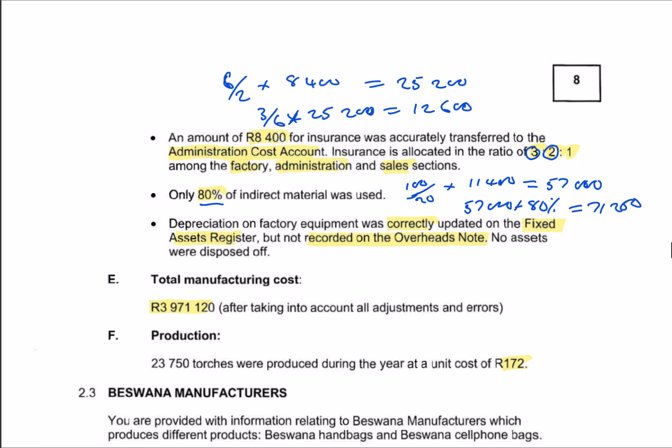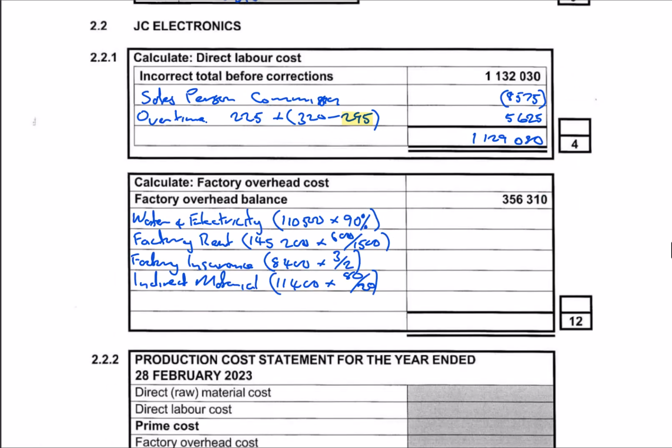Then if you come to our answer here, we say 11,400 times 80 divided by 20. Something is not right.